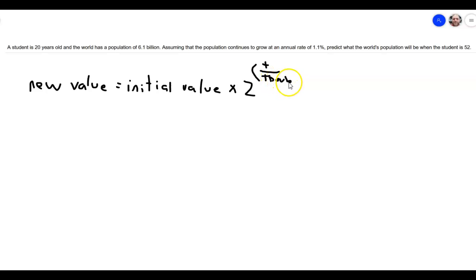It doesn't matter too much how you write it as long as you understand what they're asking for.